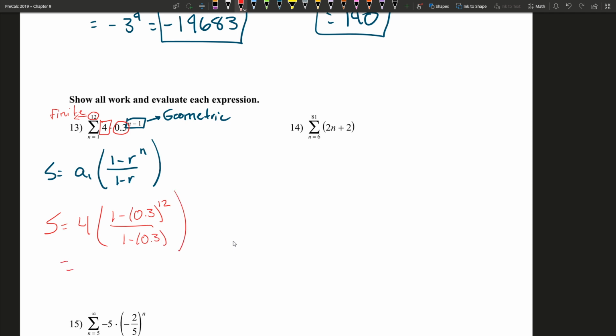When we plug that into a calculator, we get 1.428 and so on.